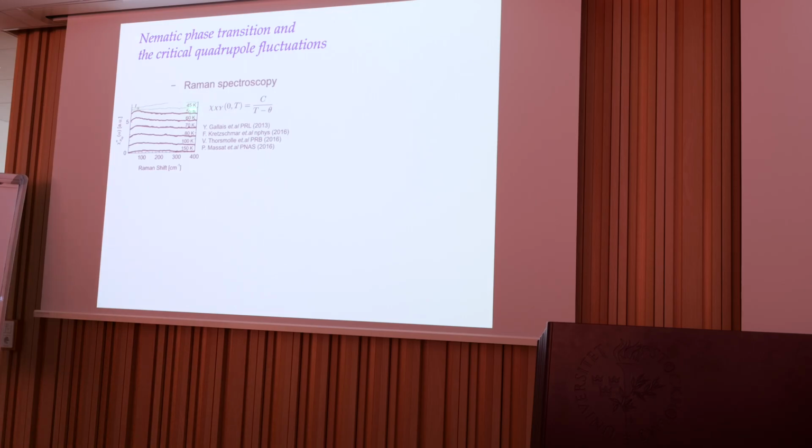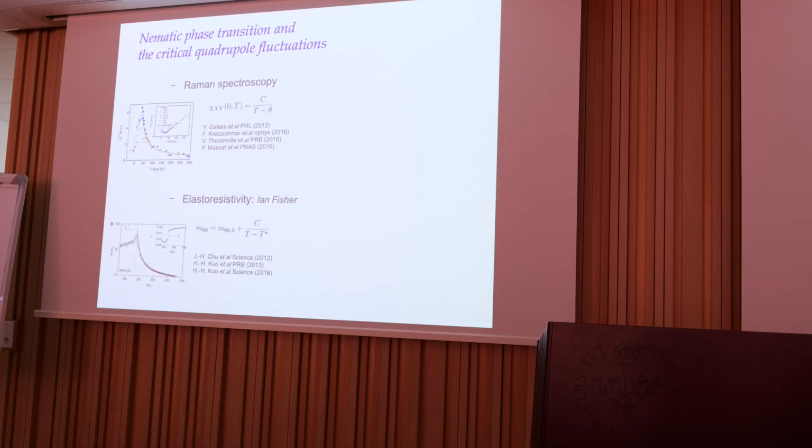So one way is the work that we do, by Raman scattering, and in this case we measure the dynamics of the fluctuations, and from that we can extract the static part as well. The second approach is elastoresistivity, pioneered by Ian Fisher at Stanford. They measure, of course, the static part of it, but it looks very similar to what we can extract from dynamics.